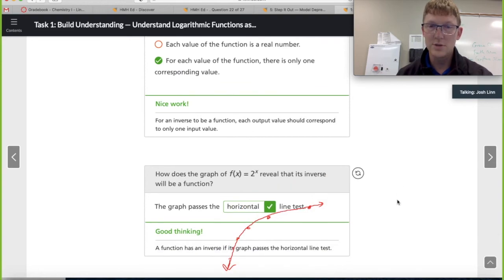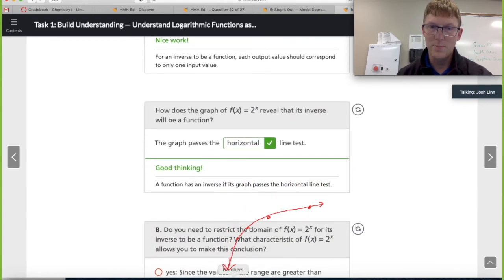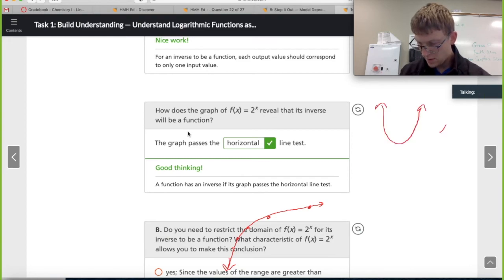So one way to do that, and I'm purposely leaving this up there so we can kind of see it, is using what's called the horizontal line test to see if there is an inverse function, if that would work. So like, if you had a parabola, x squared, there is not an inverse function because it does not pass the horizontal line test.